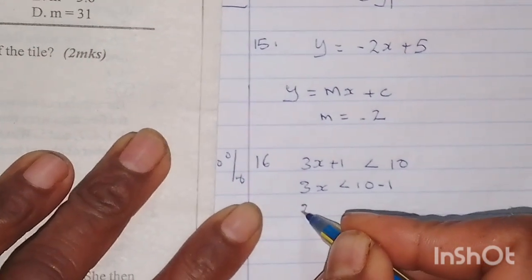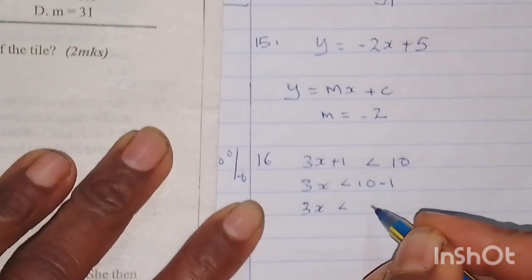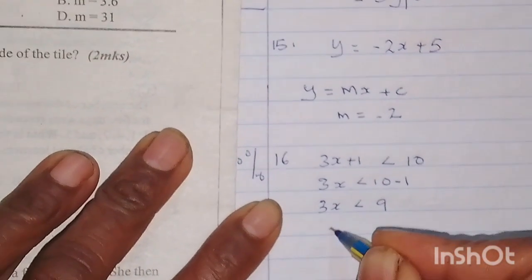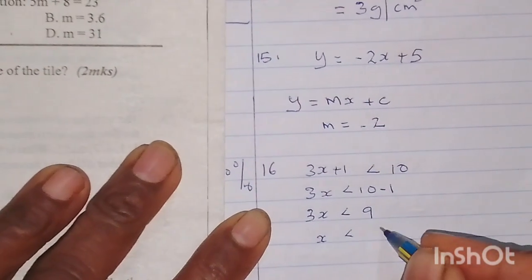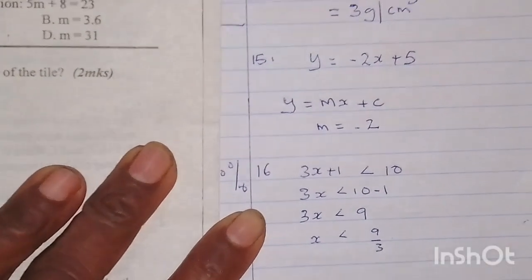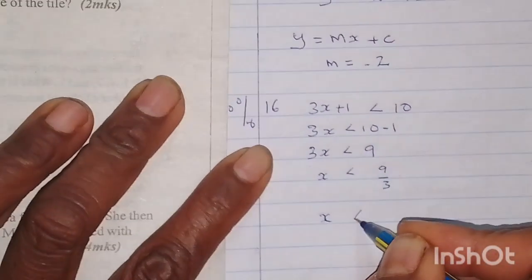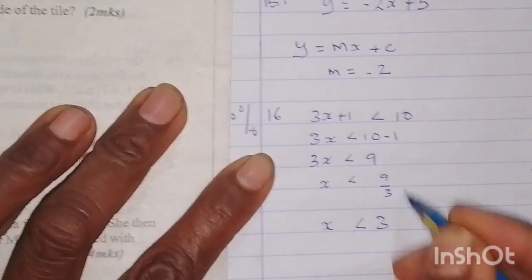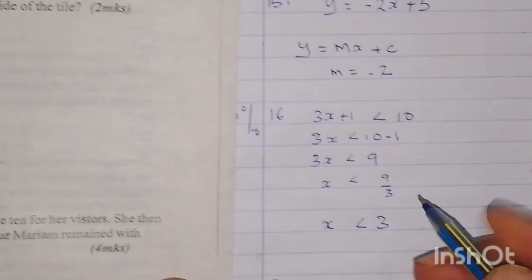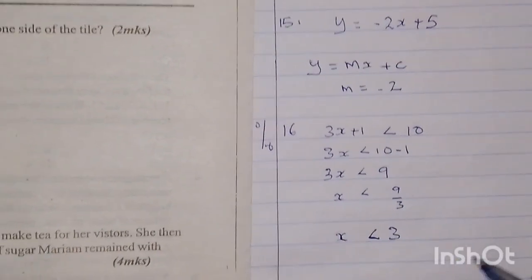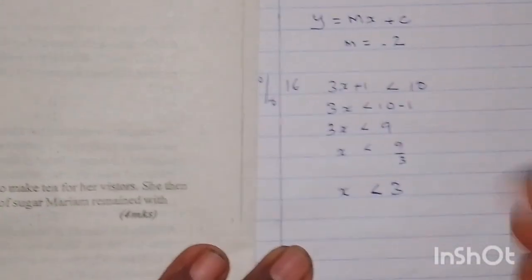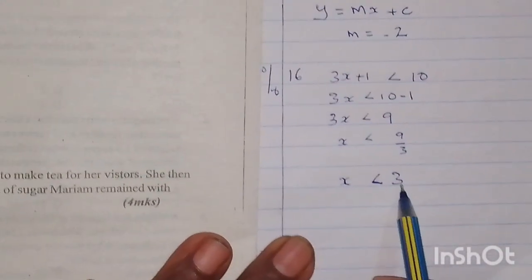Therefore, 3x is less than 9. Therefore, x is less than 9 divided by 3, and therefore x is less than 3, because 9 divided by 3 is 3. The answer to the question is not 3, it's a number that is less than 3.